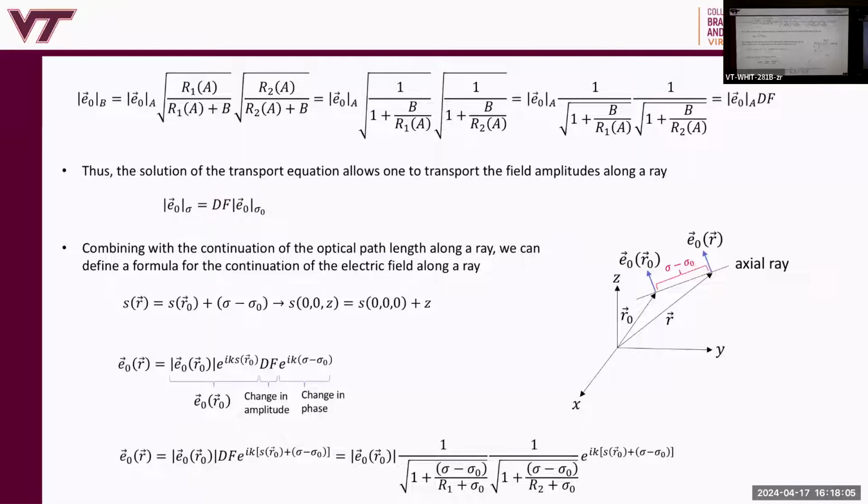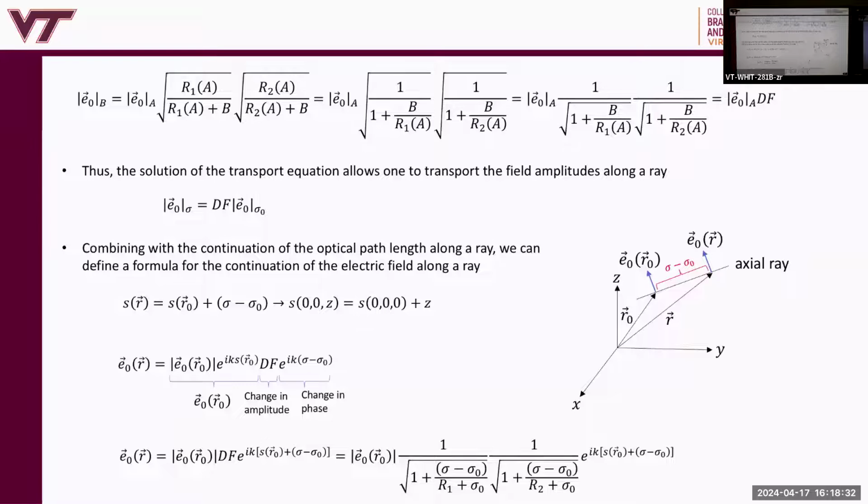Very good. So combine this with the continuation of the optical path length along a ray, and we can define a formula for the continuation of the electric field along a ray. All right? So all of this stuff that we've been learning, we learned a bunch of differential geometry, and then we learned how to satisfy Maxwell's equations using the Luneburg-Kline expansion, and out came a couple of different equations, the eikonal equation and the transport equation.